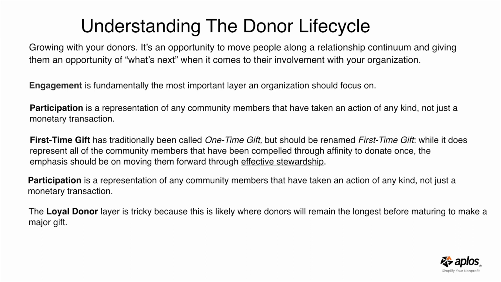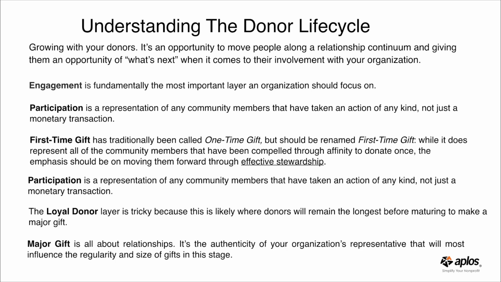And then the loyal donor, it's tricky because it's likely where donors will remain the longest before maturing to make a major gift. So those are the kinds of things you need to do to make sure that people stay loyal. Hopefully all of that will lead into larger, what we call major gifts, over time, that those people will stay engaged and involved, and they'll make large gifts. So hopefully you'll find that to be helpful as you think about that donor life cycle.